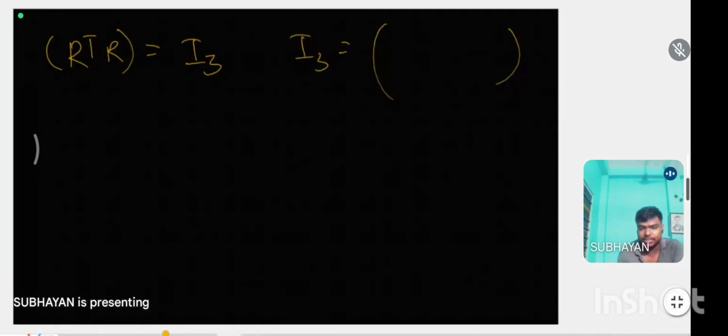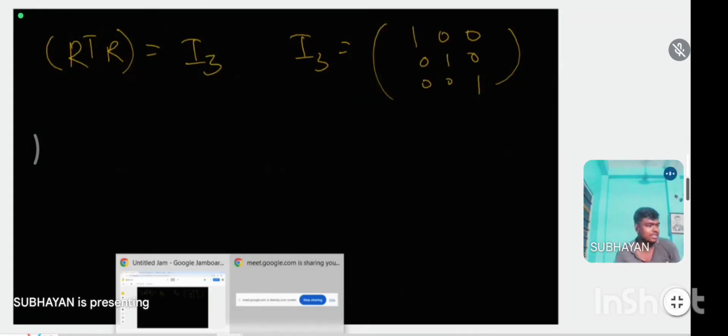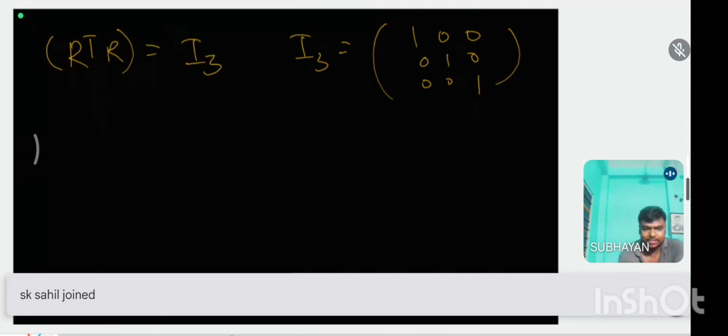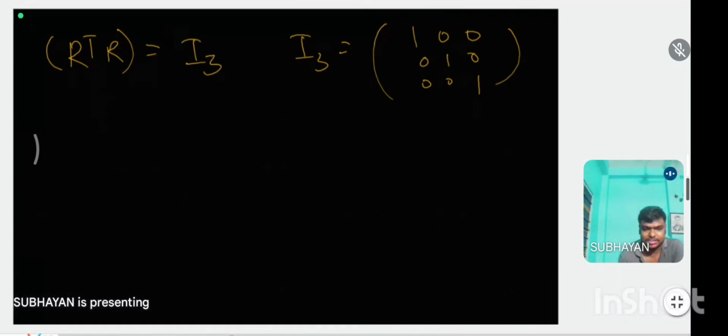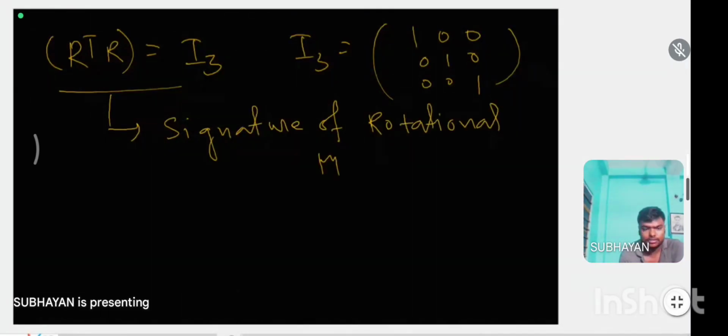I3 means such matrices 1 0 0, 0 1 0, 0 0 1. And in any other dimension, suppose in 3D you can write in that way, in any other dimension R transpose R will be In, in n dimension. So this is the property of rotational matrix, the signature of rotational.